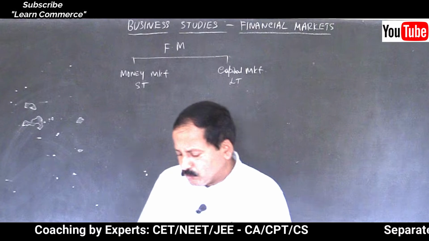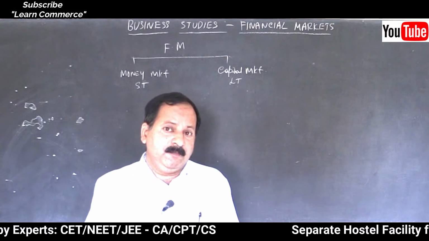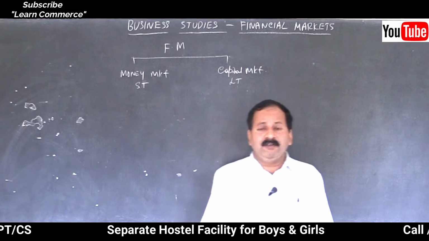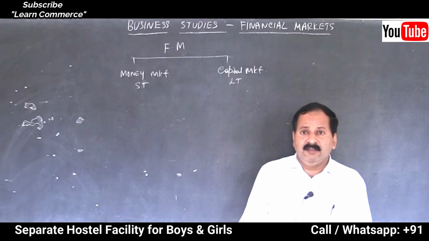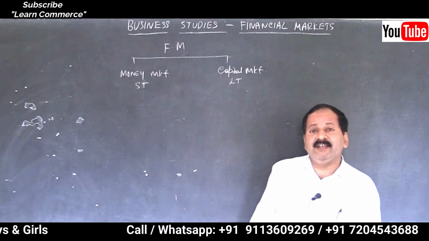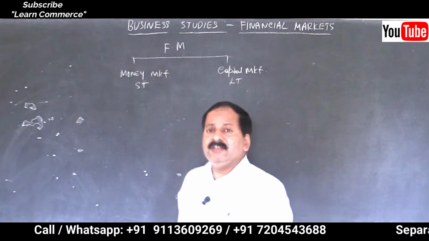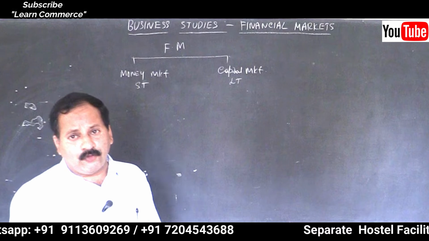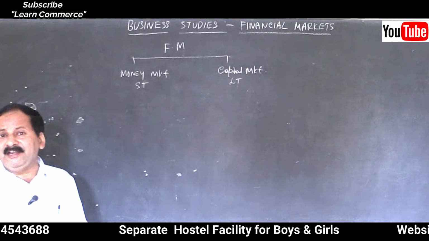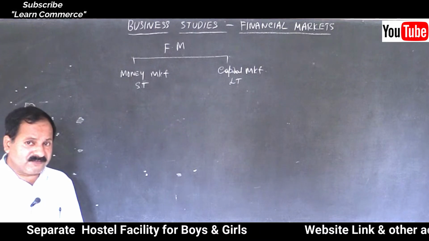Now let us know what is money market. Money market is a market for dealing in short term securities, that is buying and selling of short term securities or some instruments of short term period. They are highly liquid. You know what is liquid?